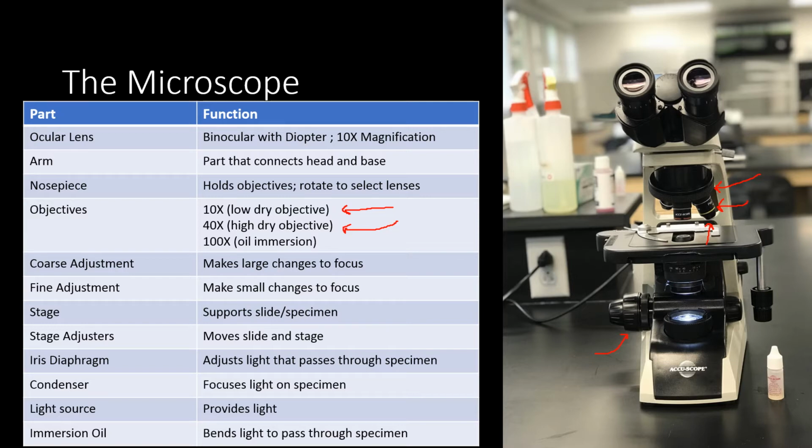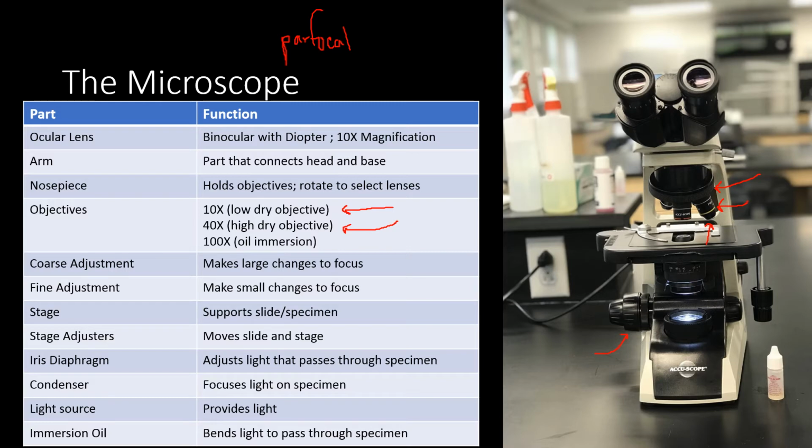Now our microscopes are what we call parfocal. So it's P-A-R-F-O-C-A-L, parfocal. What this means is that if you focus on your specimen using a low power lens, when you adjust to a higher power lens, your specimen should still be somewhat in focus.